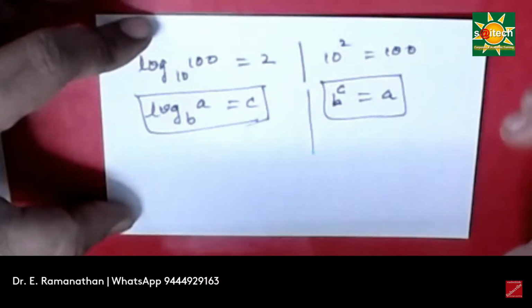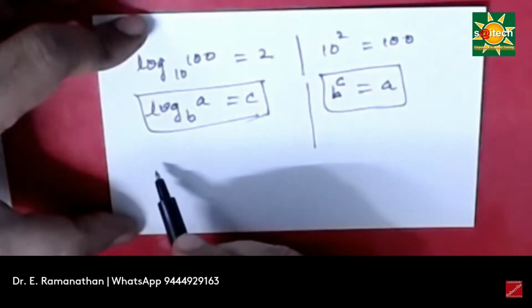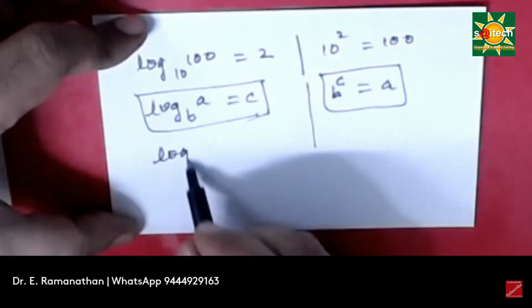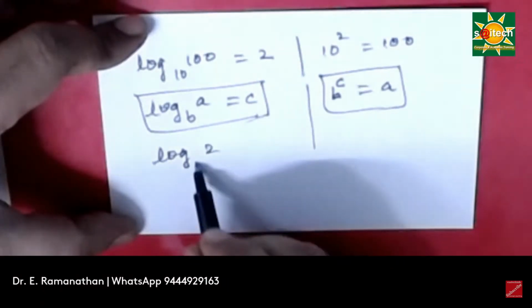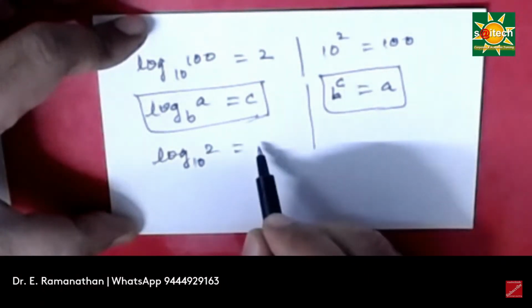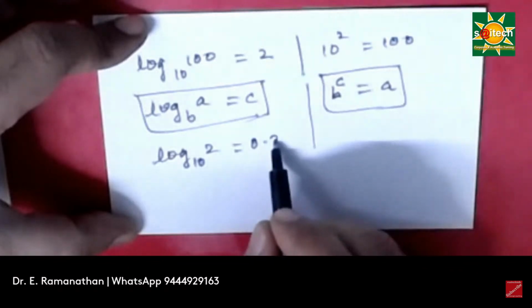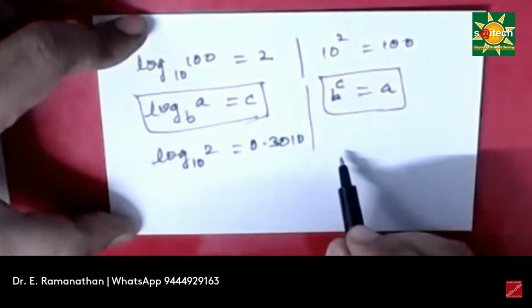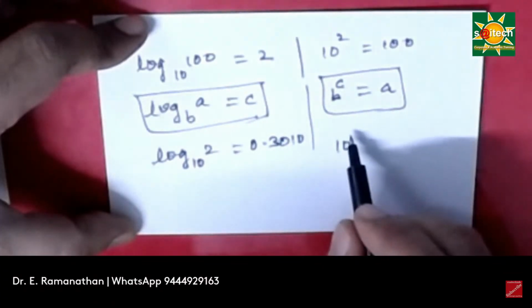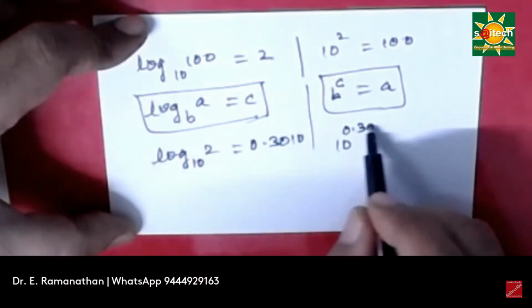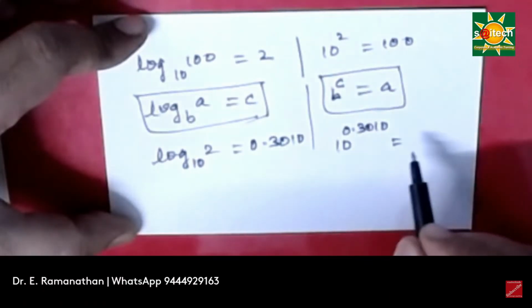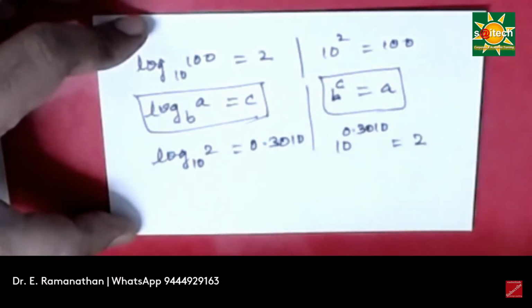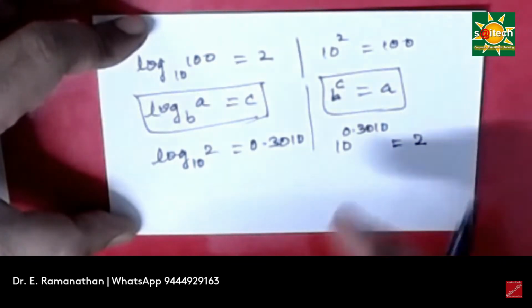Got this? Let me explain log 2 to the base 10 is equal to 0.3010. What do you understand from this? That is nothing but 10 power 0.3010 is equal to 2. Are you able to follow this? Got it? This is the meaning.